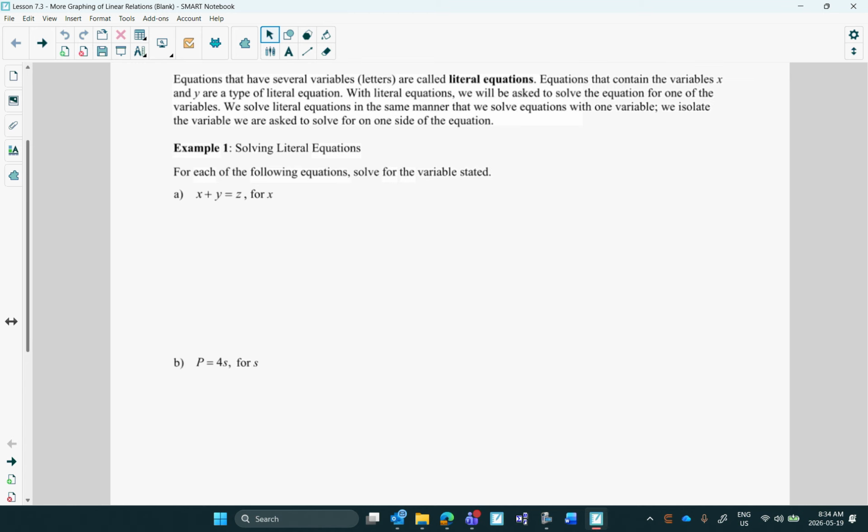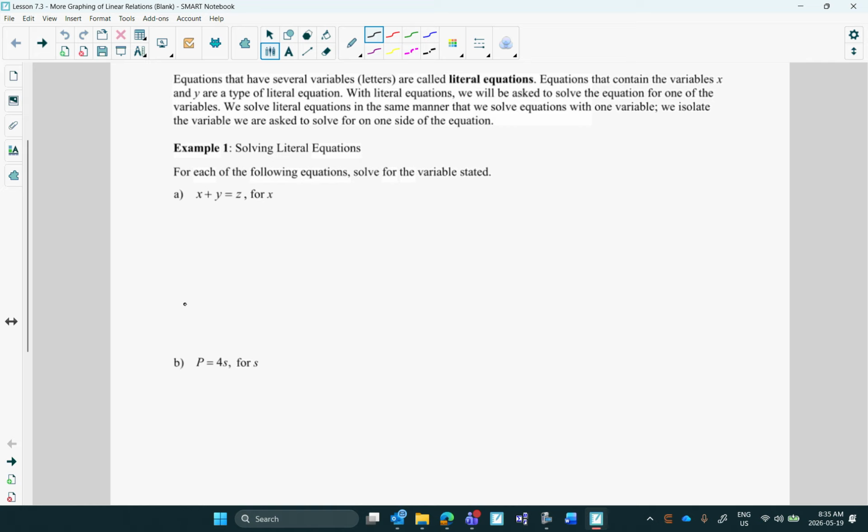So for example, if I give you the equation x plus y equals z, and I ask you to solve for x, that means get x by itself. What must I do to this equation to get x by itself?